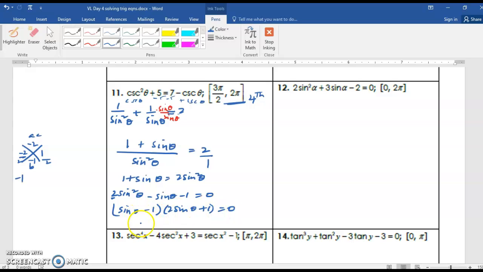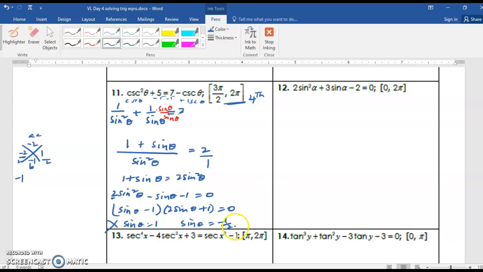Now equating each of them to 0, you will get sine theta as 1, and from here sine theta is negative half. So you're only looking at the fourth quadrant, including the end angles, right? So sine theta is 1. It cannot be 1 in the third or fourth quadrant. So this cannot be considered.